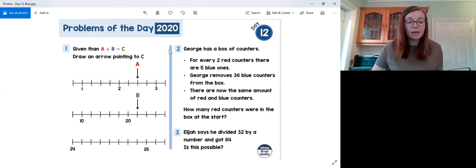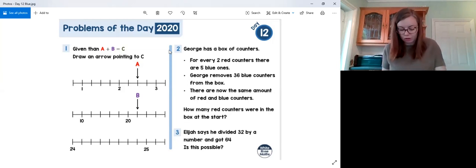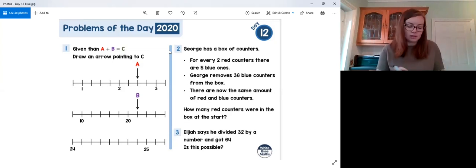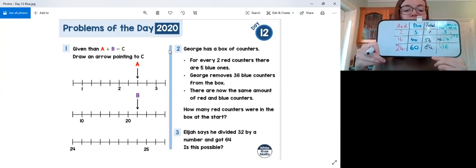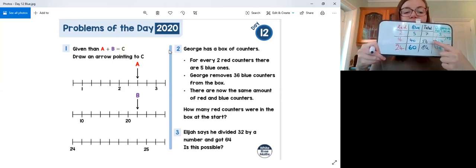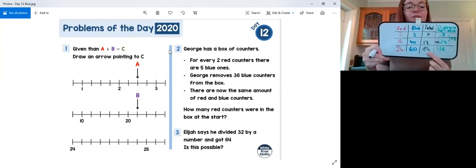So that gives me 60 blue counters. So 24 red, 60 blue, and I can add those together to get 84. Let's just check that 7 times 12 is 84. Well, 7 times 10 is 70. 7 times 2 is 14. So yes, it is 84.